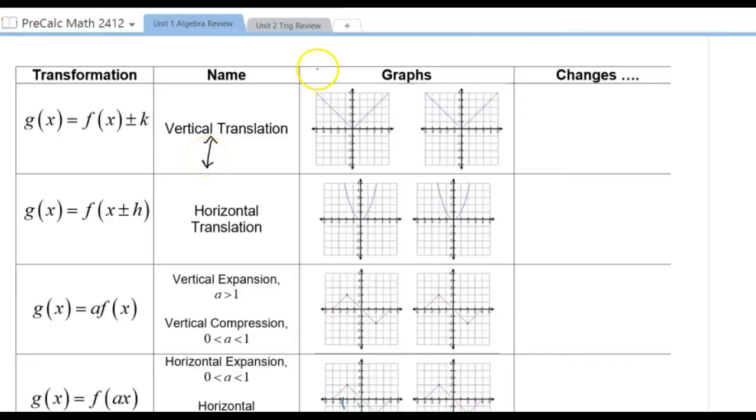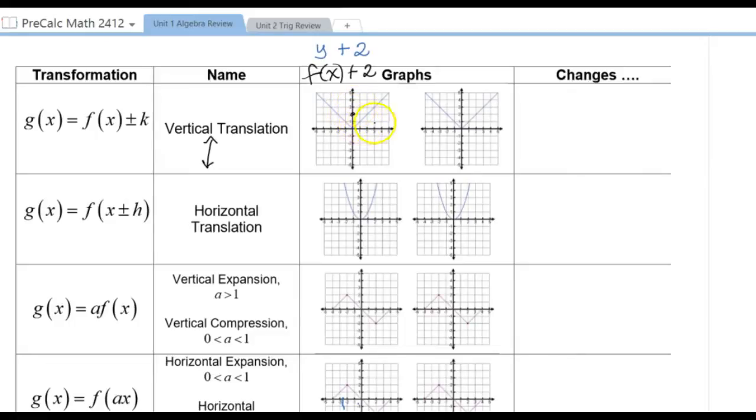One way we'll see it is either an f of x, for example, plus 2. I want to remind you that f of x is the same thing as a y. So it's getting all the y values and adding 2 to all those y values. For our origin, the y value is 0, and if I add 2, it brings that point to here.